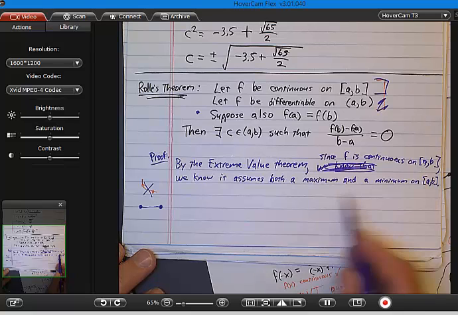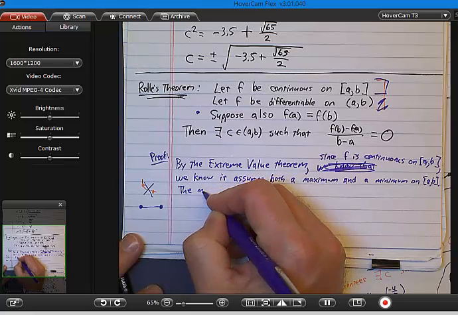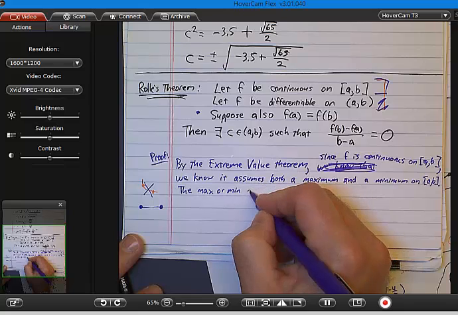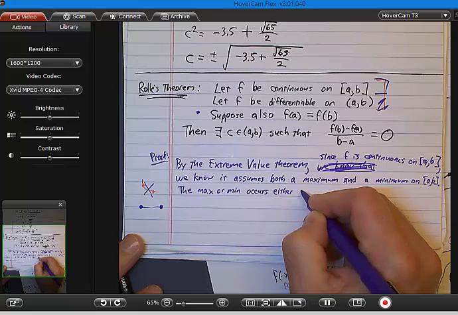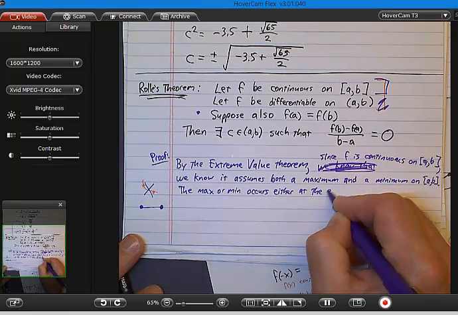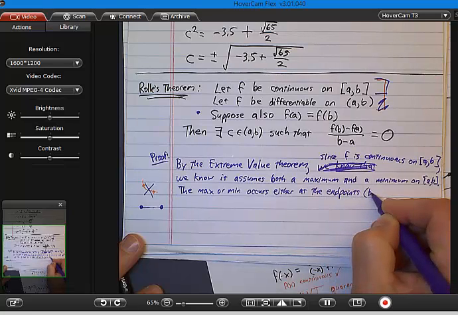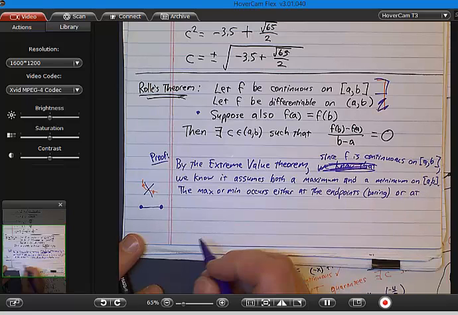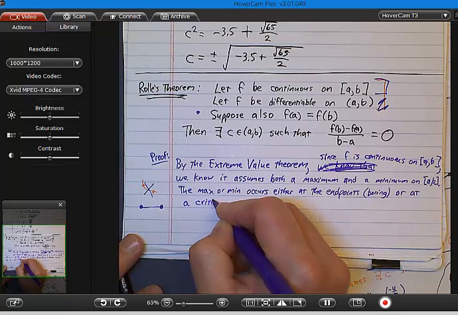You told me the maximum or min occurs either at the endpoints, which I'm going to write down as boring, or at what? At a critical value. Yes. At a critical value.